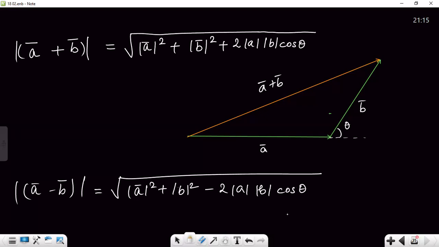And remember, theta is the acute angle here. We are always going to take theta as an acute angle, so cos theta will always be positive. But we have applied the negative sign here. Why? I'll explain later. But just memorize it here.